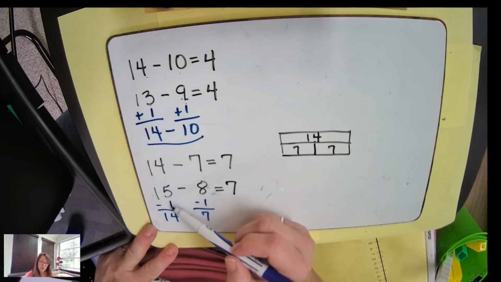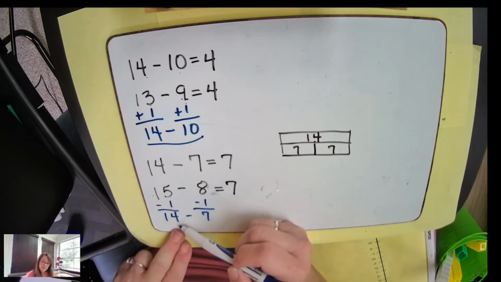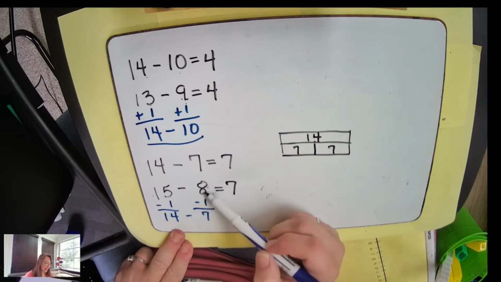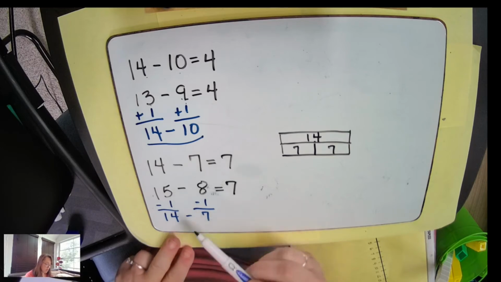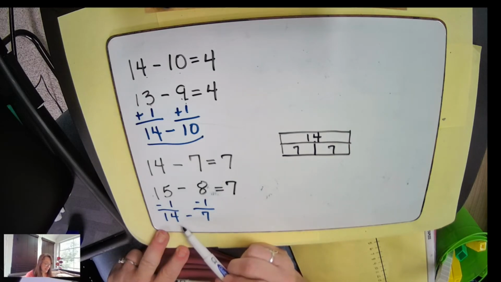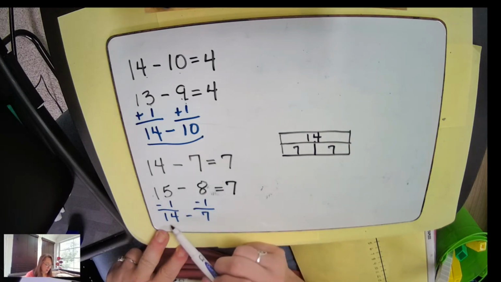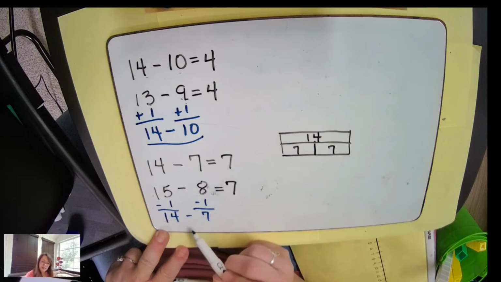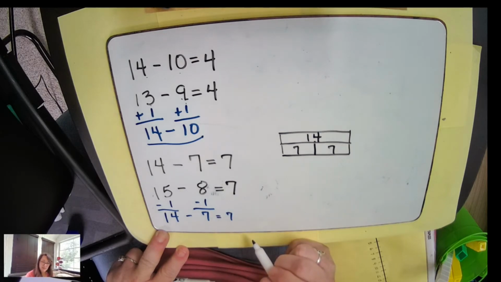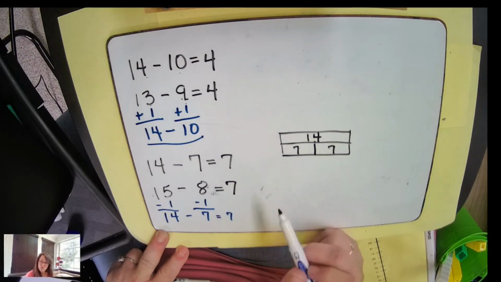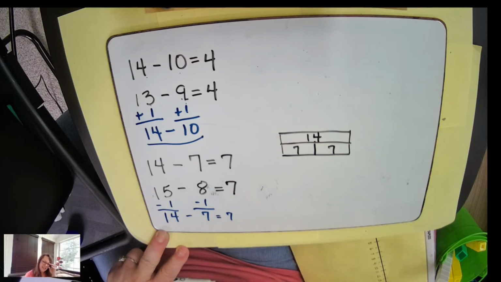So by subtracting 1 from 15, he gets 14. And subtracting 1 from 8, he gets 7. So this is essentially the same problem as before. 14 minus 7 equals 7. And we know that because that's one of our doubles facts.